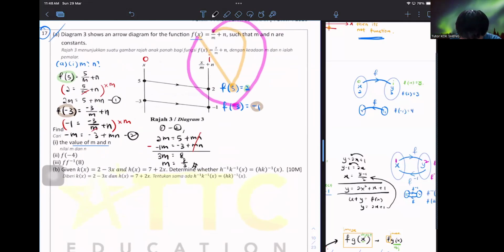I substitute it back into 1. 2m equals 5 plus mn. 2 times 8 over 3 gives 16 over 3.